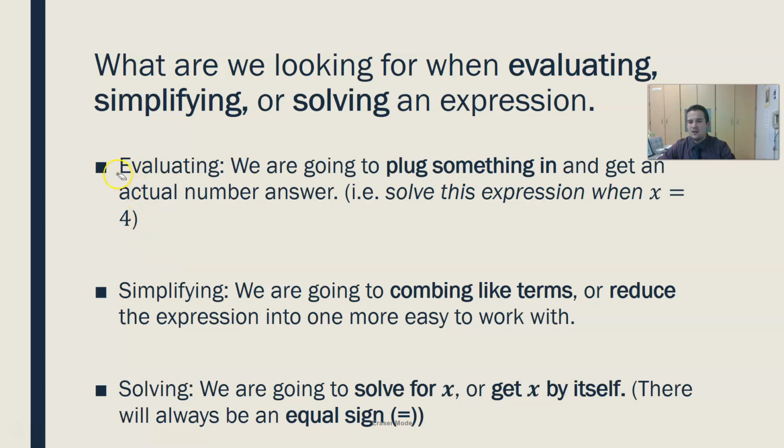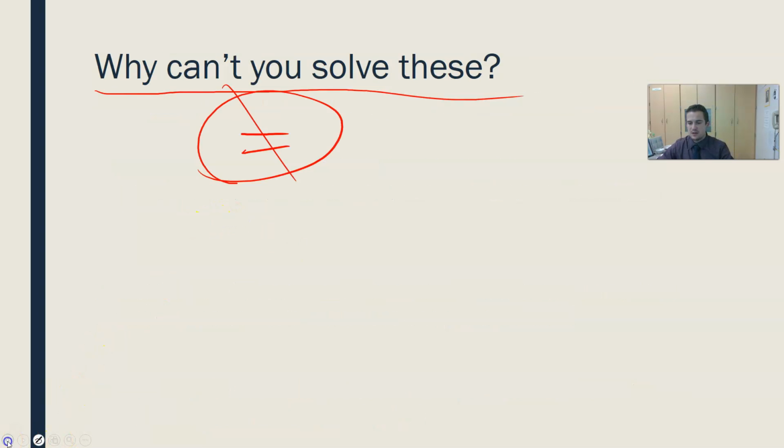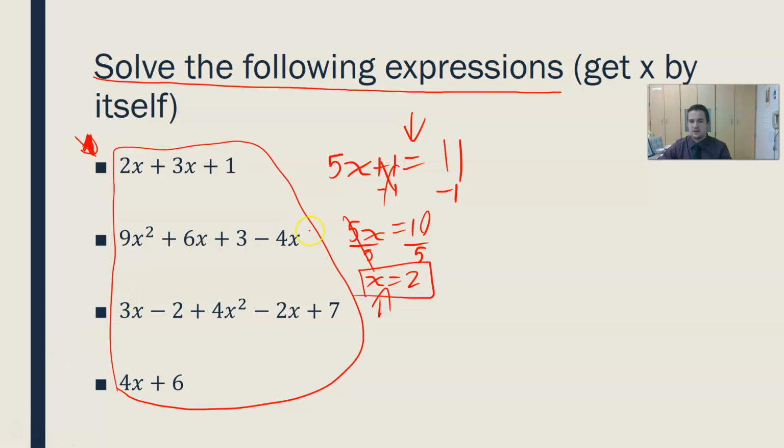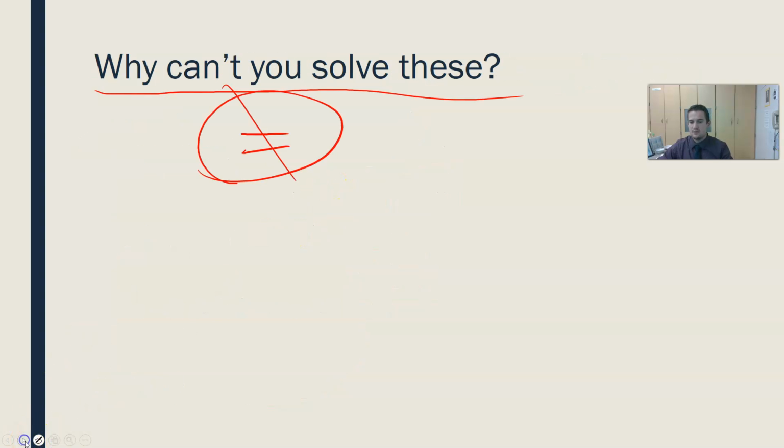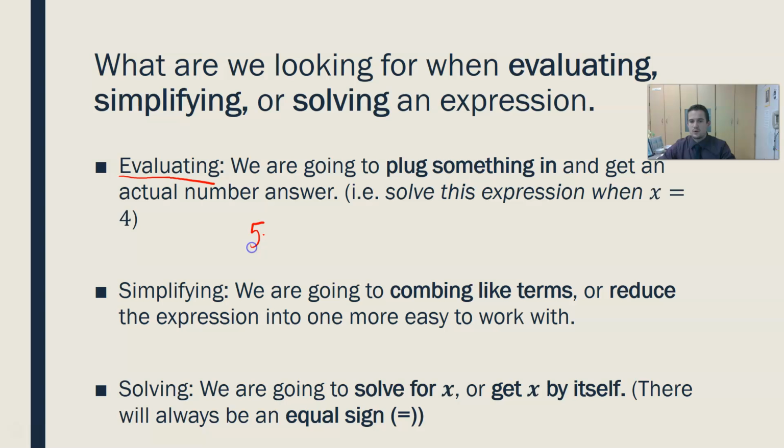Well, when I'm evaluating, this word right here, evaluating, is when we are going to plug something in and get an actual number answer. So that might be, I give you some expression. The expression back here, I simplified to 5x plus 1. So say I have some expression 5x plus 1, and then I give you the instruction to plug in some value of x.